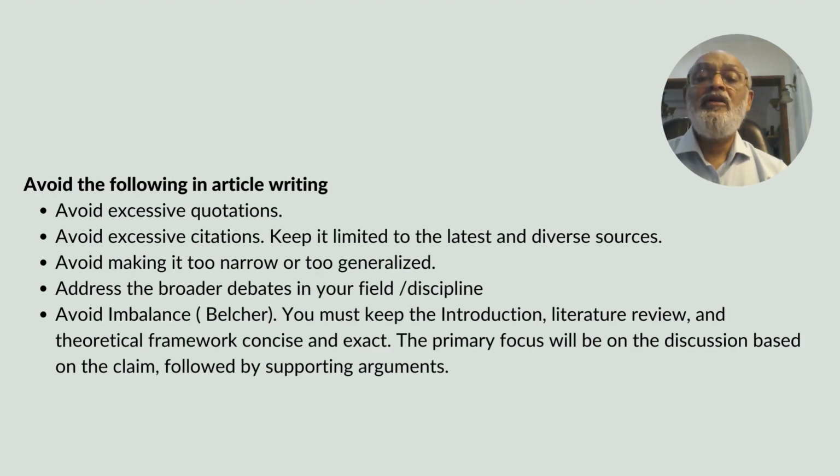Avoid the following in article writing. Avoid excessive quotations from the text. Avoid excessive citations. Keep your citations limited to the latest and diverse sources. Avoid making your topic or subject too narrow or too generalized.